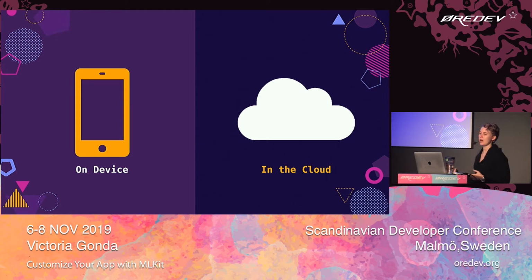And then if you're running it in the cloud, you can always make sure you're using the latest model. You also have some options for A/B testing, and you might have that option if you're downloading to the device for local as well. If it's on the cloud, you don't have to worry so much about size because you're not storing the model on the device. It's in the cloud someplace on a server.